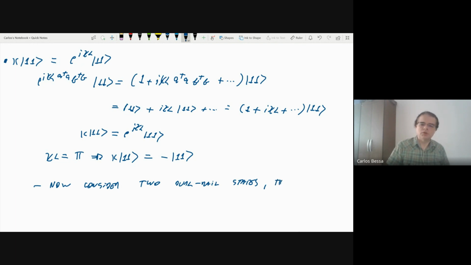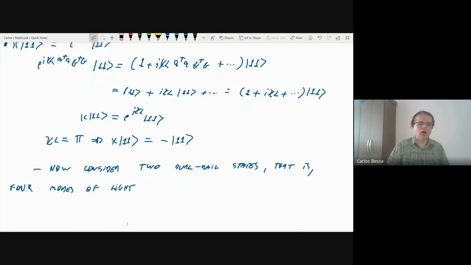In other words, that is when we have four modes of light. Okay, so this is a single dual rail. If we have two, Nielsen and Chuang defined new bases in this case, for two dual rail states.